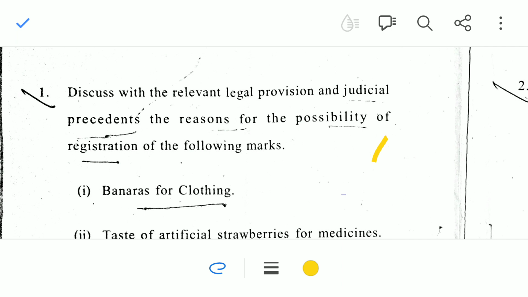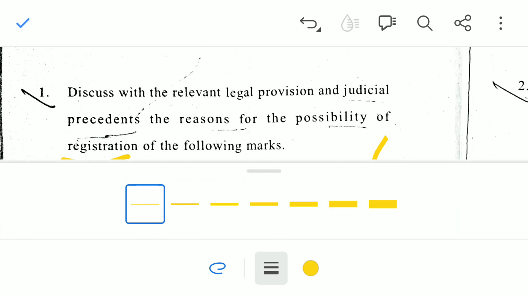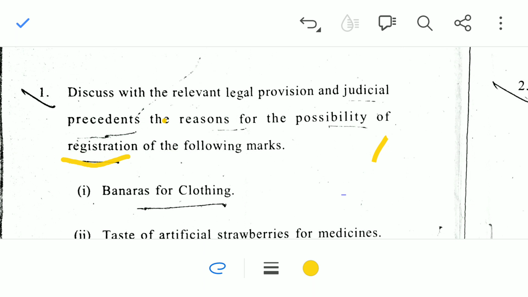Discuss with the relevant legal provisions and judicial precedents the possibility of registration of the following marks.